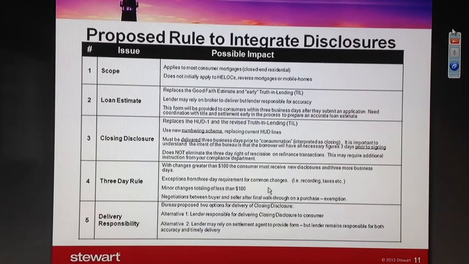And then if you further think about that issue, what happens if you have to redisclose? Item number 4. And we've all had the scenario where you get to closing and something's wrong and a rate is wrong or a fee is incorrect and something has to be added or changed to meet the consumer's expectation. Maybe you do a partial redraw, maybe you do a quick re-sign the next morning. Well, the current proposal says that with changes greater than $100, the consumer has to receive a new set of disclosures and 3 new business days have to elapse before they can sign and close their transaction.